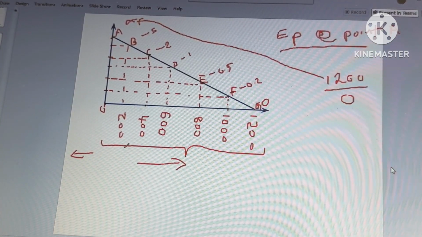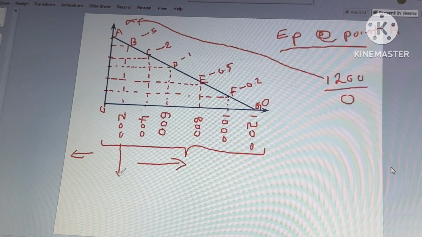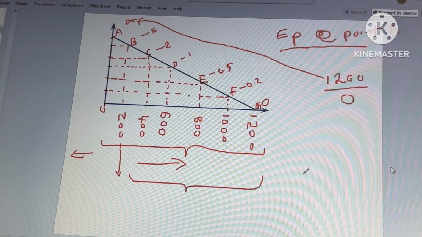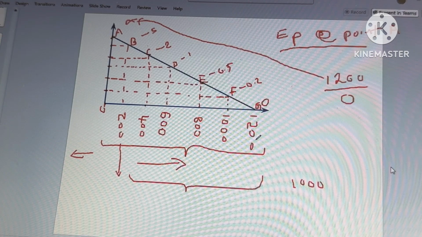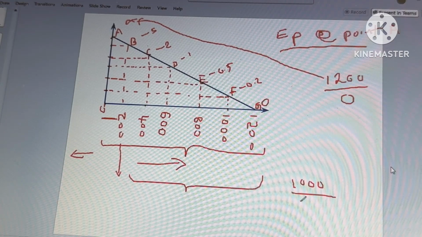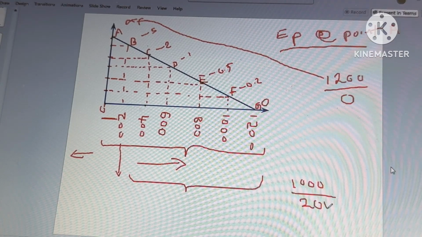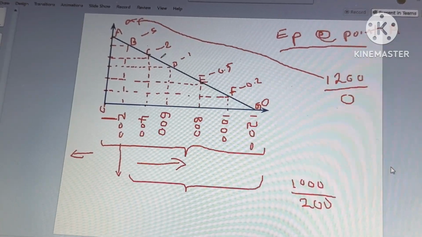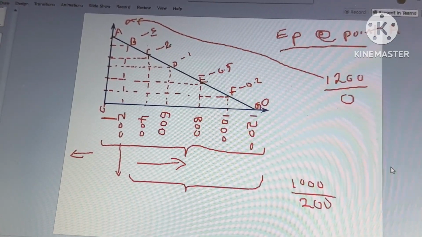And similarly, let's calculate the elasticity at point B. Now at point B, quantity is 200. What is the right hand side segment? 1200, no, 1000, not 1200, because 200 to 1200, so the gap is 1000. What is the left hand side segment? Only this part now. 200. So what is the answer? 5.